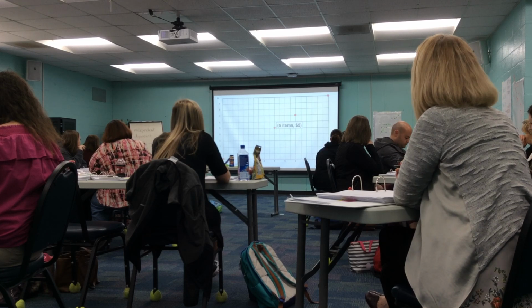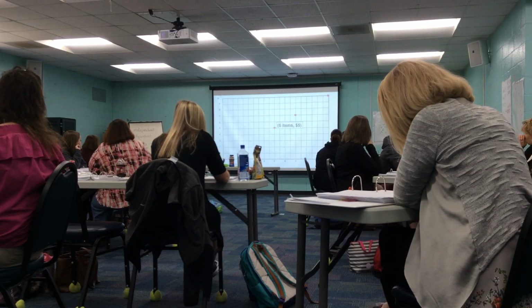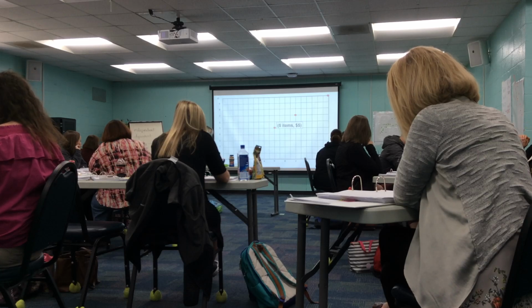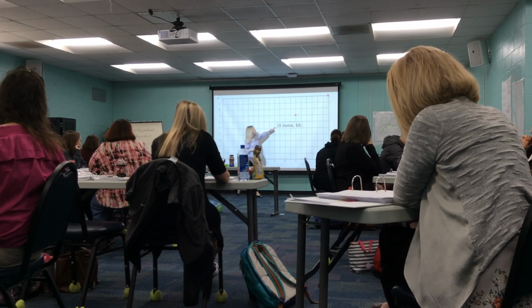What about other shoppers? What if I bought 0 items? I went in, I didn't see anything. How much would it cost me? Nothing. So I would have 0 items, 0 cost. What if I bought 2 items? $2. 5 items is $5. 7 items is $7.